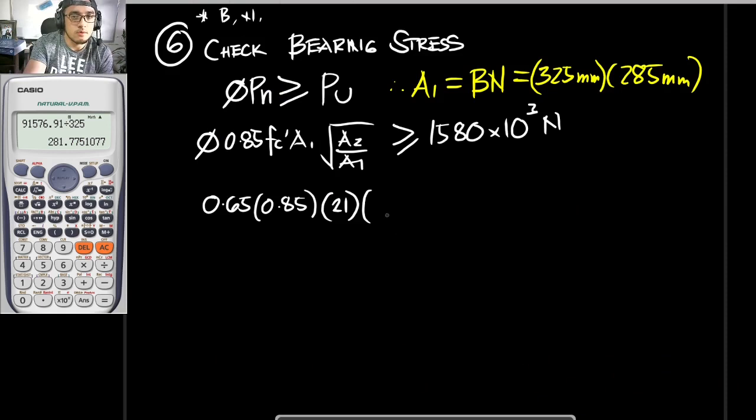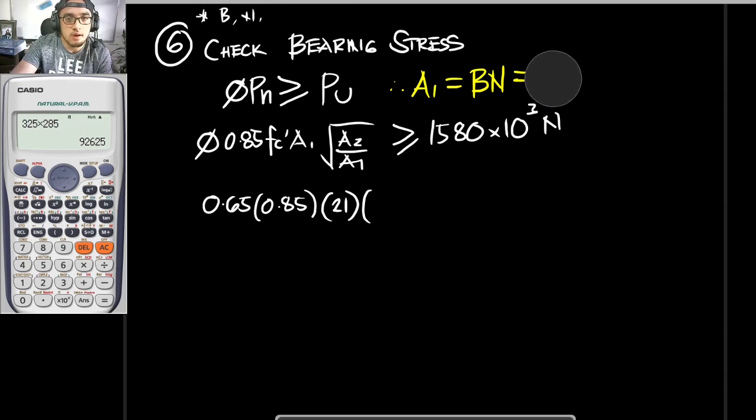Okay, so anong sagot dyan? Teka nga, wala na tayong space. So 325 times 285, that is to be 92625. Since alam na natin yan, erase ko na lang to kasi wala na tayong space.